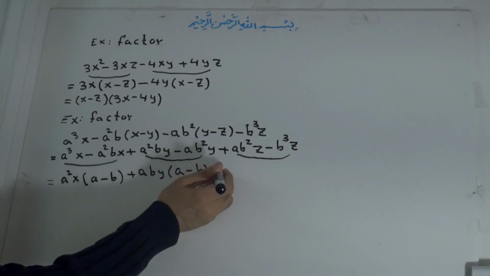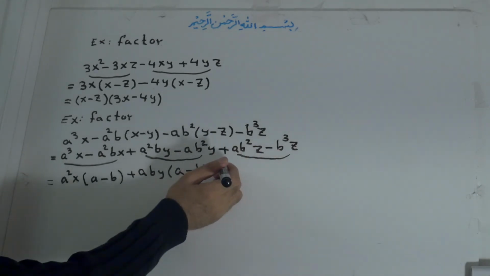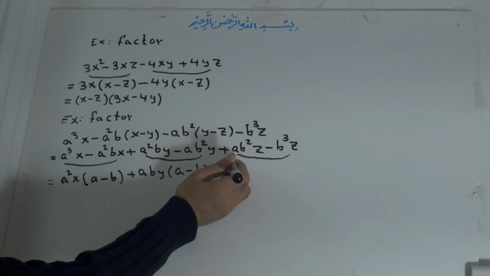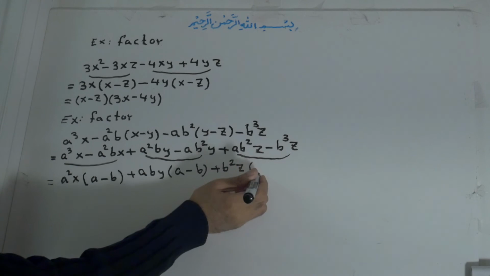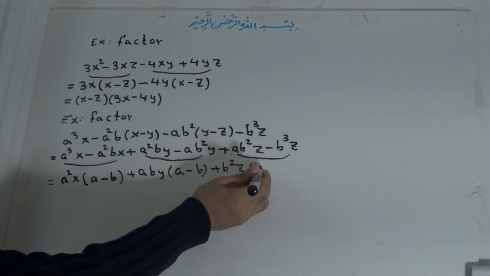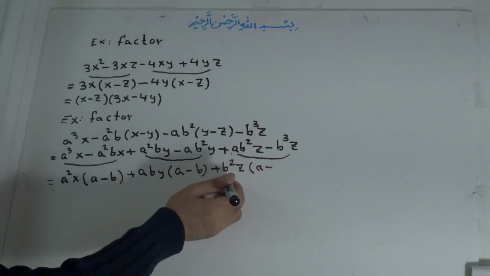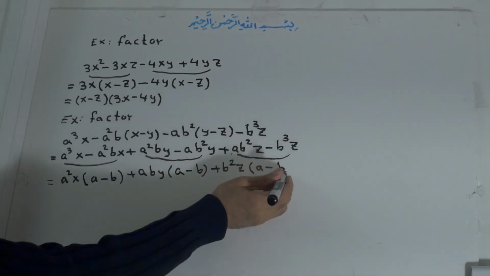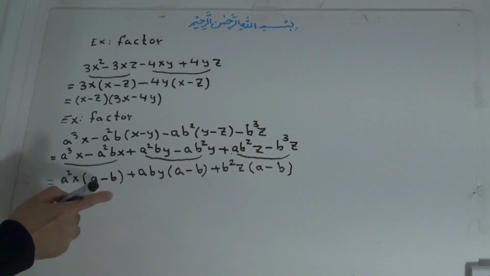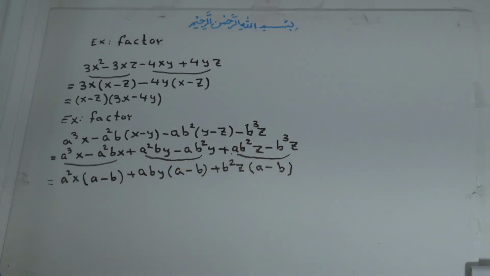And between these ones, b to the power of 2 and z is common. The thing remaining is a minus b to the power of 3 minus 2, which is b to the power of 1. In all of these three terms, according to identity number 1, the common factor is a minus b.